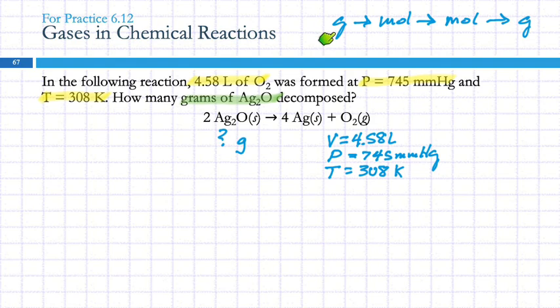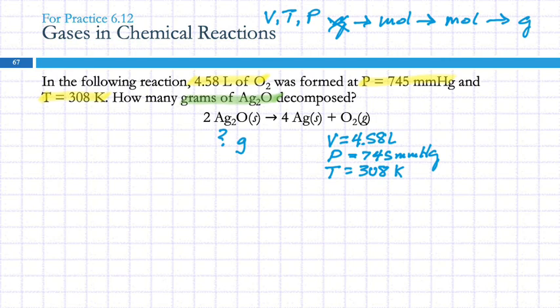Do we have mass of oxygen? No. We have volume, temperature, and pressure. So from the volume, temperature, and pressure, we can use the ideal gas law to calculate the moles. And then we can continue to moles of the other and grams of the other, and we do want our answer in grams, so that's good.